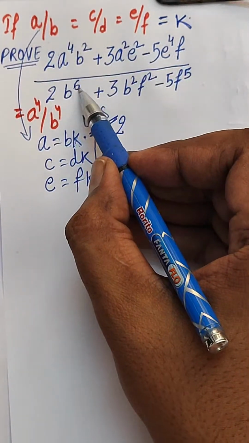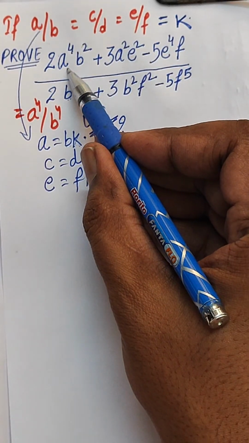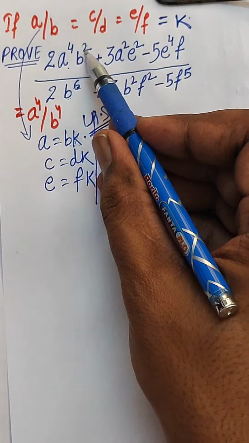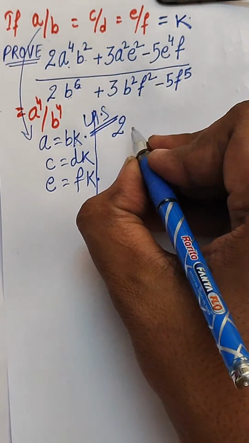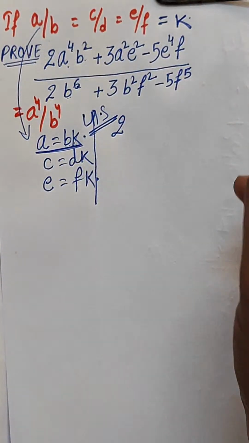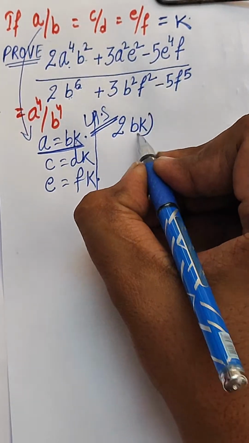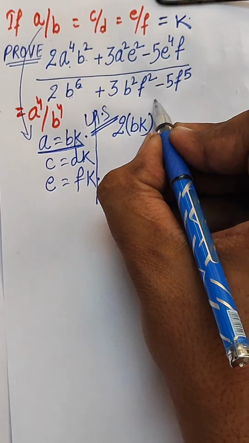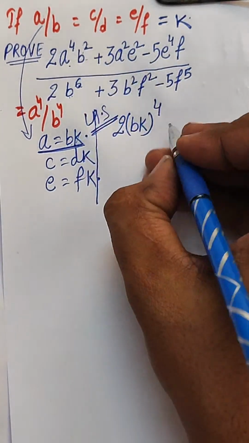Because in the denominator you can see b^6 is there. So if you replace a with bk, then b^6 will come over here also, because b^4 and b^2 like that. So if a is equal to bk, we will be using this. Then we can write 2 times (bk)^4, then b^2.